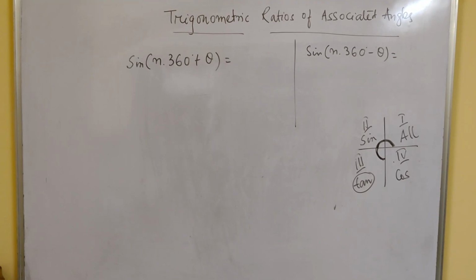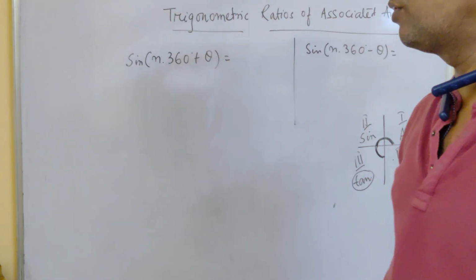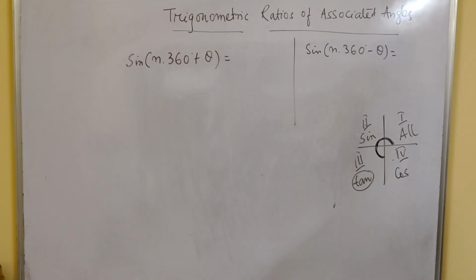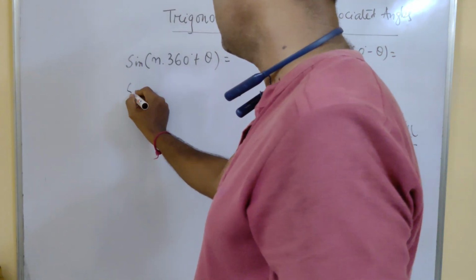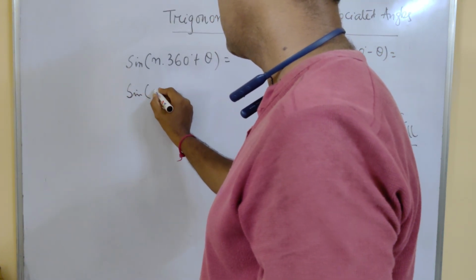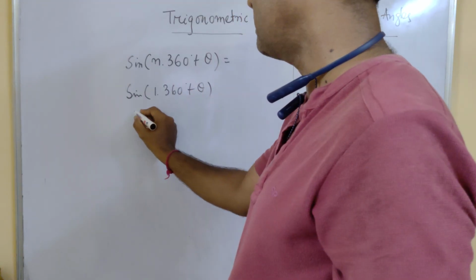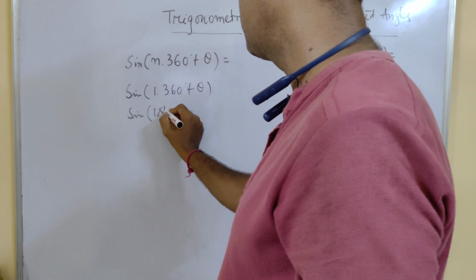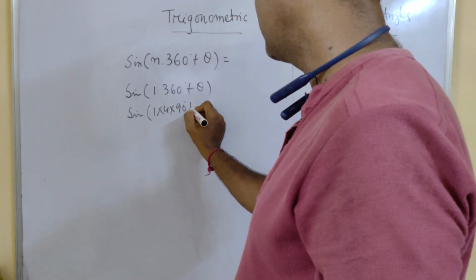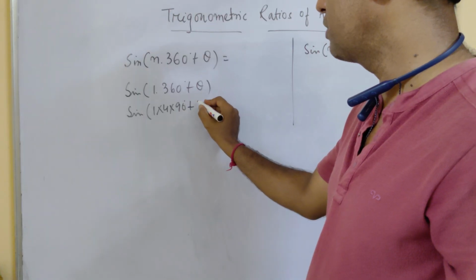Now sin of n into 360 degree plus theta. N is an integer, so n may be odd or even. Suppose n is odd, that is 1 into 360 degree plus theta. So we may write sin of 1 into 4 into 90, that is 360 is written as 4 into 90, plus theta.